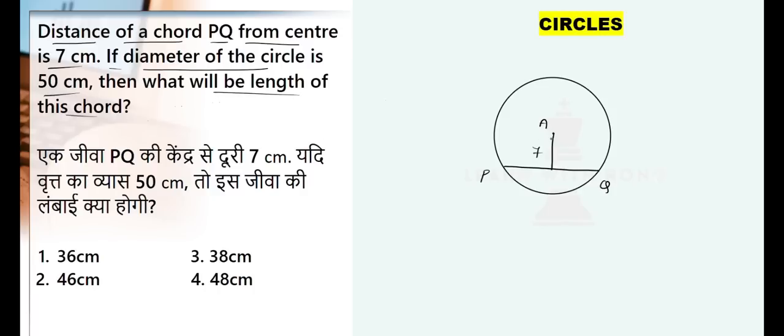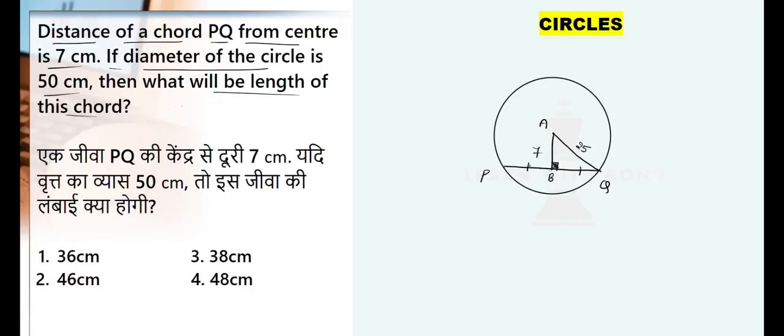So we know that the line from the center to the chord makes 90 degrees with the chord and also divides the chord in two equal parts, which means if I keep this point as B, the length of BQ equals length of PB. Okay. See here they have given diameter is 50. If diameter is 50, radius how much? 25 centimeters, right?